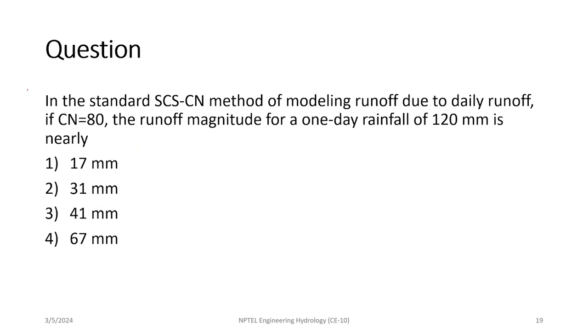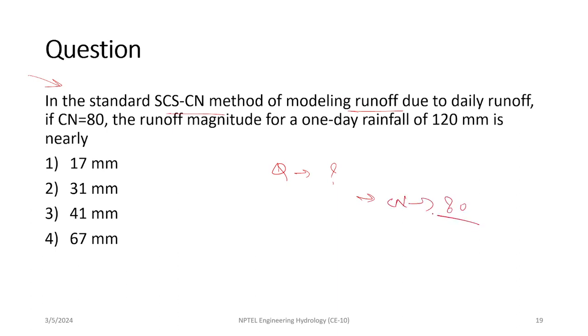Now based on this only, there is a numerical problem. I want you to go through it. It says that using the SCS-CN method, we have to compute the daily runoff. So it is directly asking about Q. But what they have provided is the CN value.